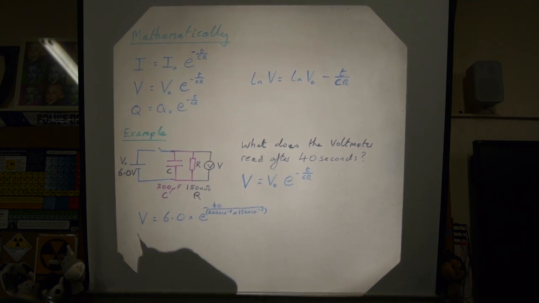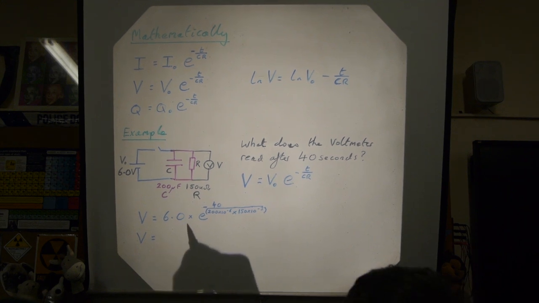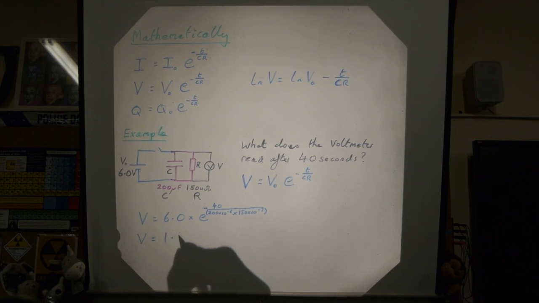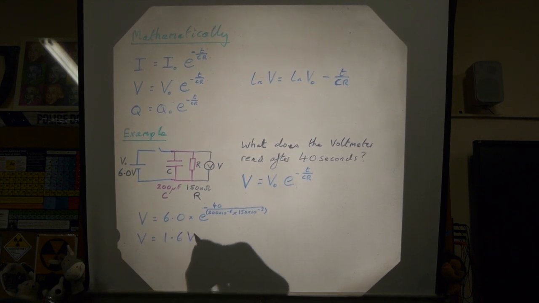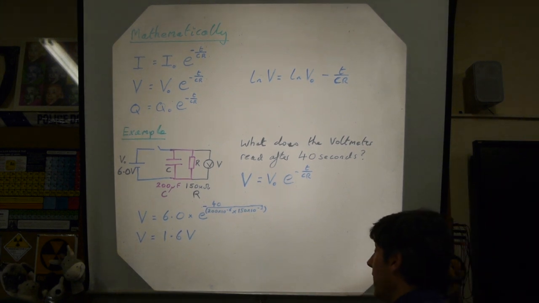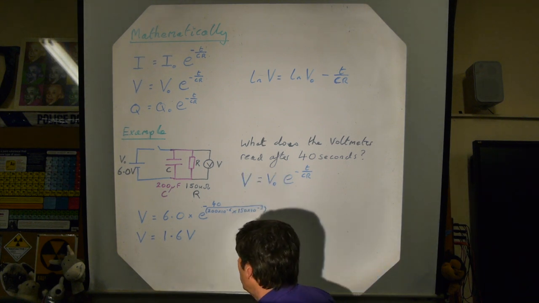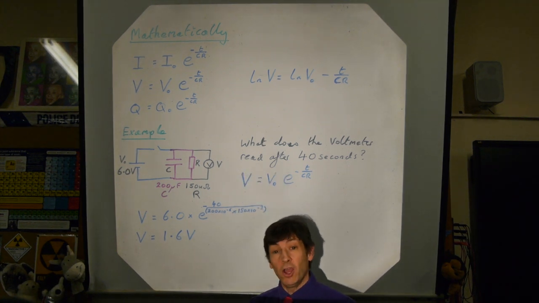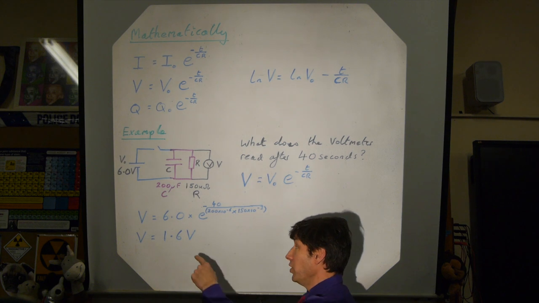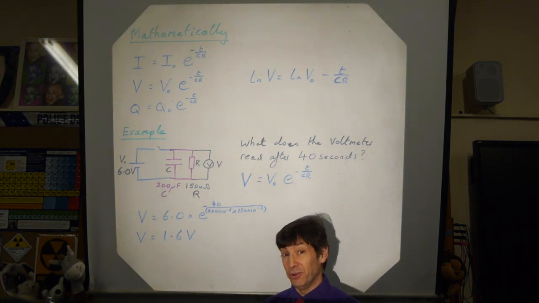So V comes out as 6.0 times 0.26, and I get 1.6 volts. All looks good, sounds good, and I think we've retained the right number of significant figures as well. Okay, so I hope you could follow that, and I do hope you got that answer correct, because if you did, it means I did my job properly.